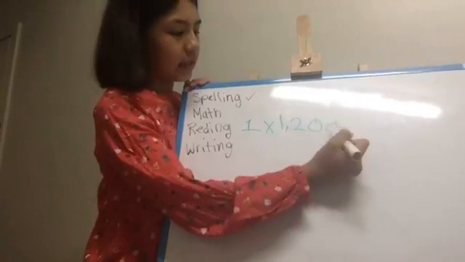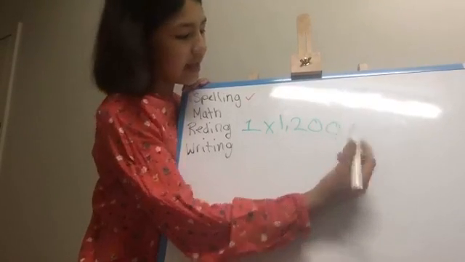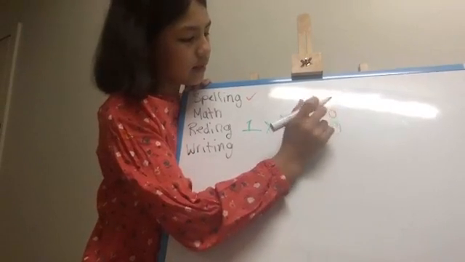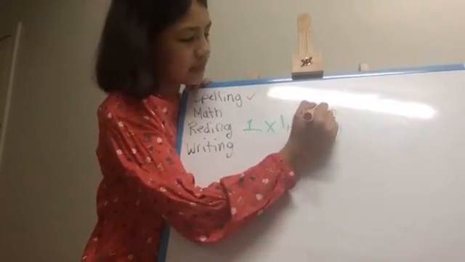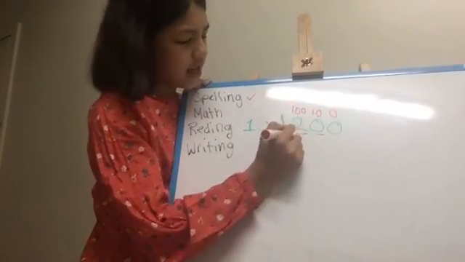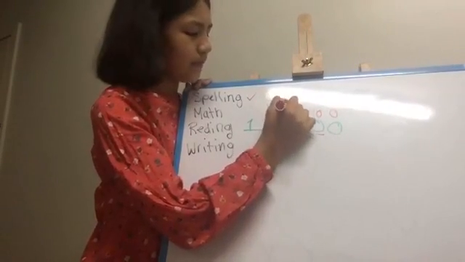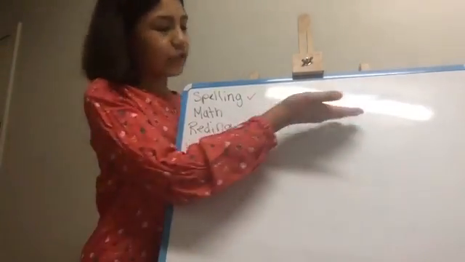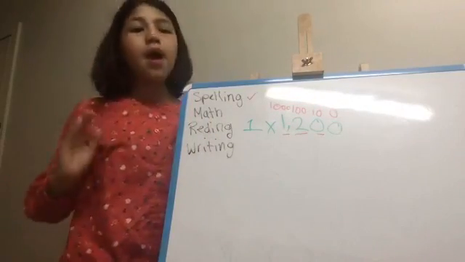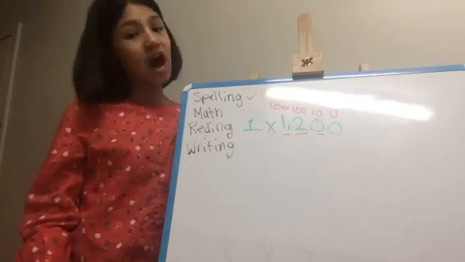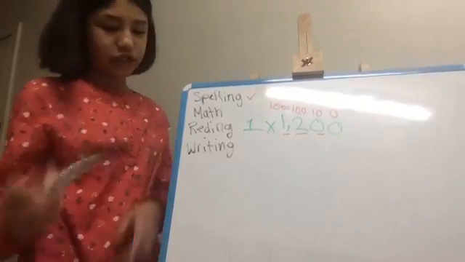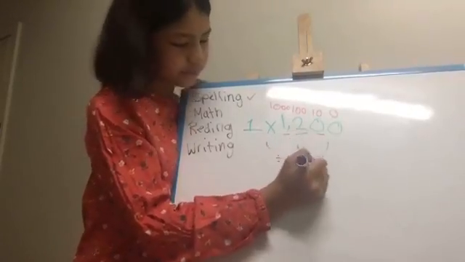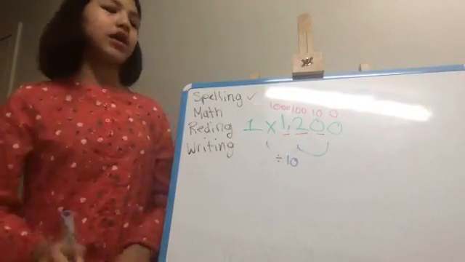The units in this place value is ones. This place value, it's tens, hundreds, and thousands. As you can see, the place value keeps going up and up by tens, times tens. And if you want to go down, it will be divided by 10. Maybe that's a little bit hard.